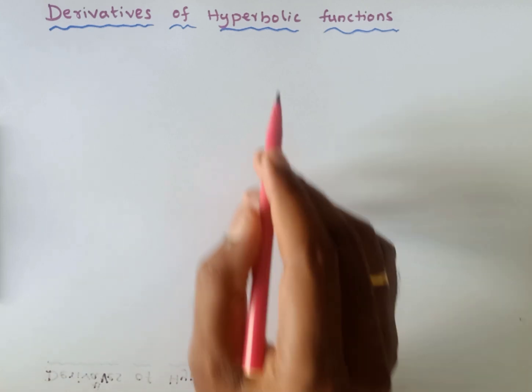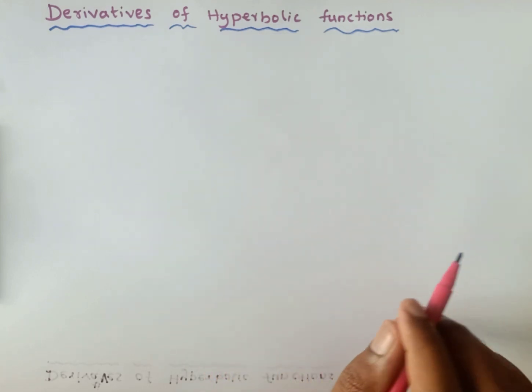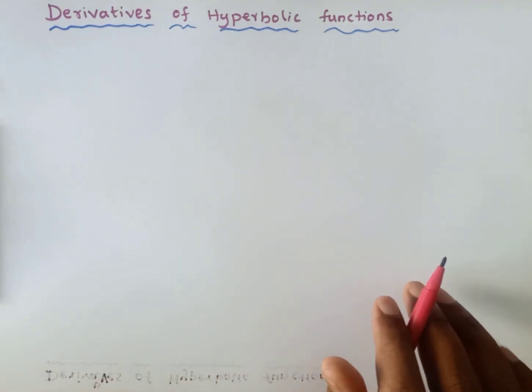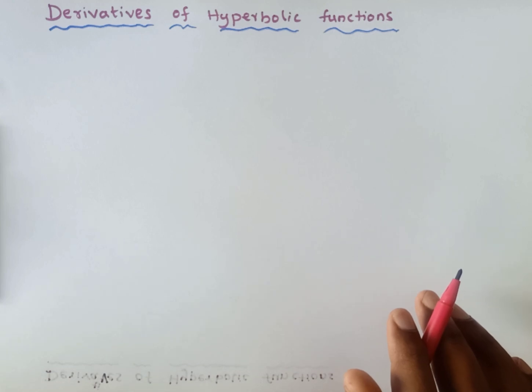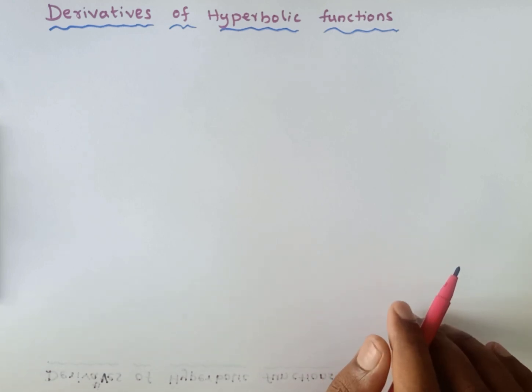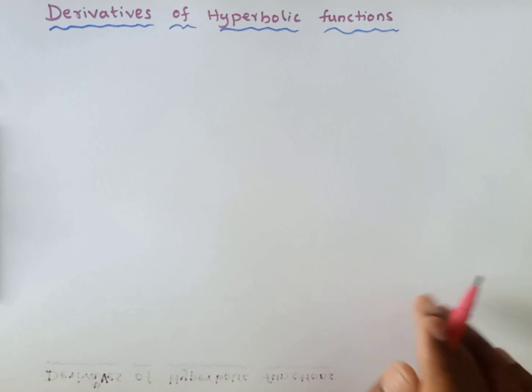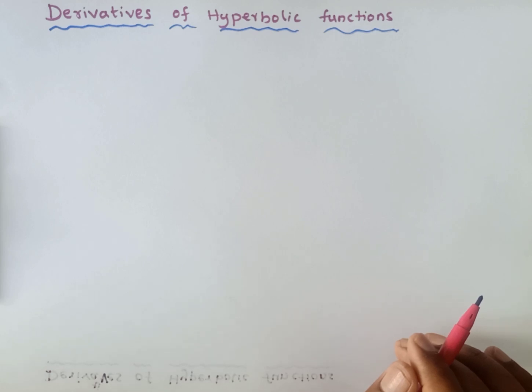As we know, there are six hyperbolic functions: sinh x, cosh x, tanh x, coth x, sech x and csch x, and their inverses. So now we will see their derivatives.